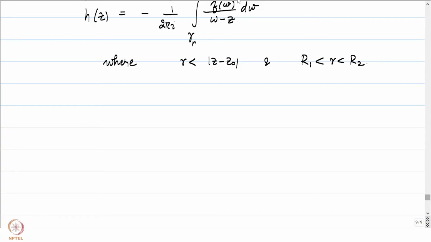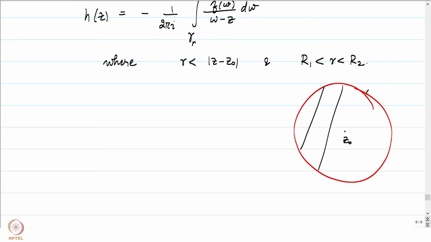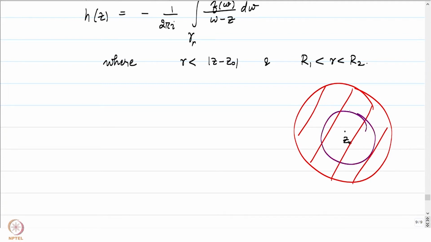So, what have we done? Let me just draw a picture and tell you what was done. So, this is the disk of radius R2. What was done was that in the red region the function g is defined, and by considering the purple circle which is of radius capital R1, outside this disk we have defined our function h.